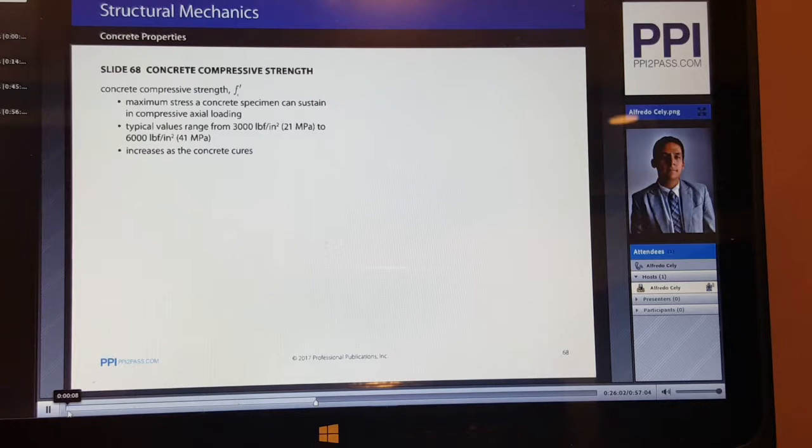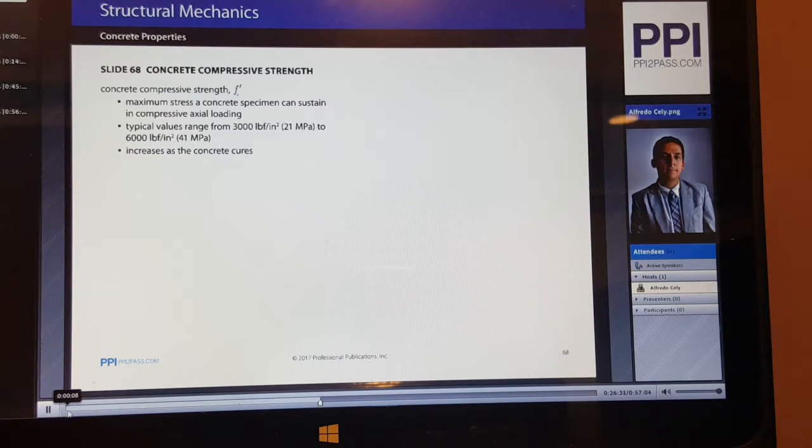Now, the compressive strength may also be written as CXX, such as C20, C30, C40, in SI units, where XX is the compressive strength in megapascals, which is equivalent to newtons per square millimeter. This is also commonly used. Typically, the concrete delivered at the construction site will be stronger than the design concrete strength.